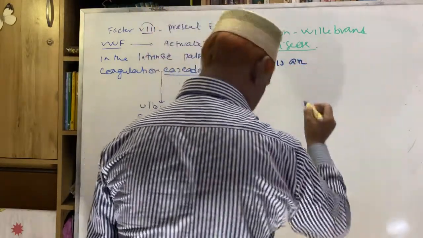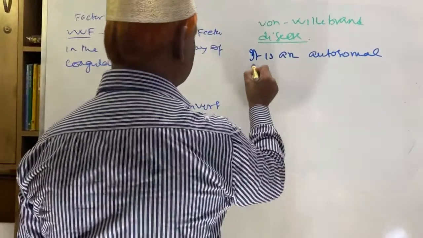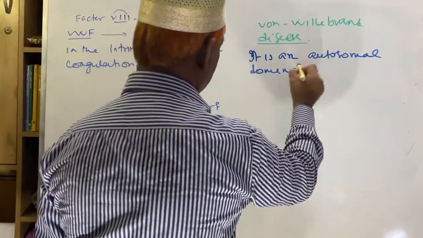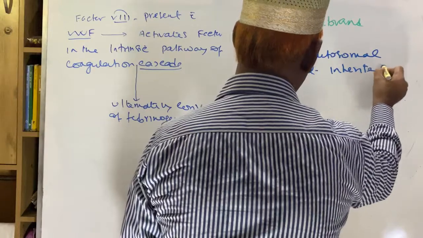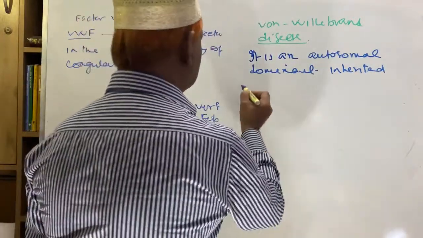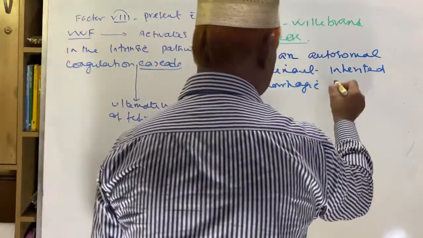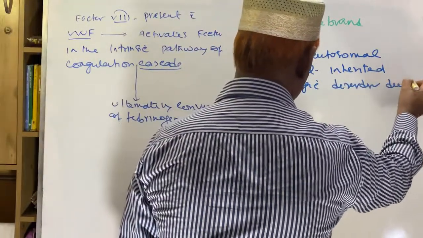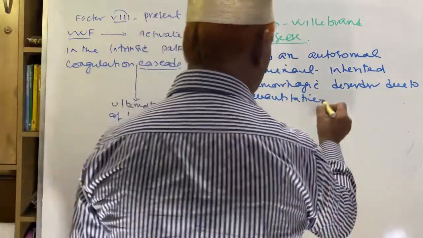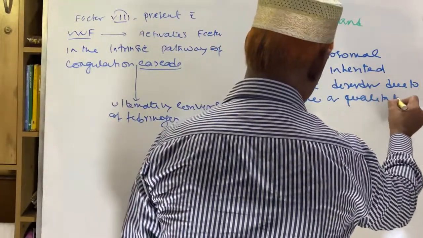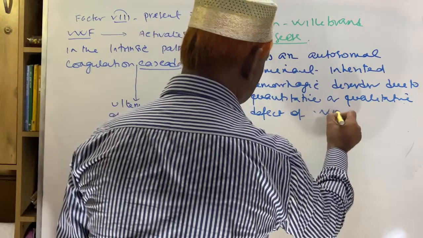It is an autosomal dominant inherited hemorrhagic disorder due to quantitative or qualitative defect of von Willebrand factor.